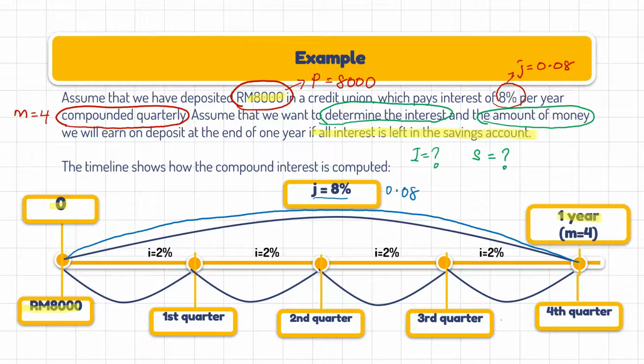The next phrase is compounded quarterly, which means that we will have another loop, and the loop is here.